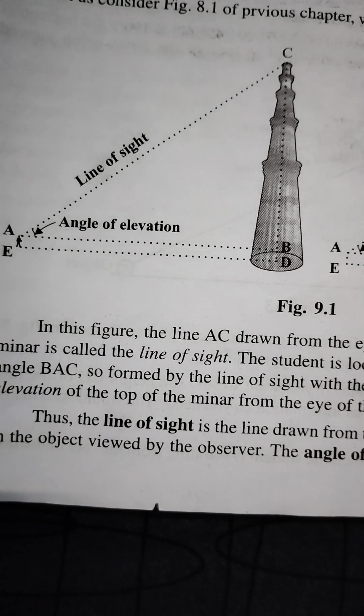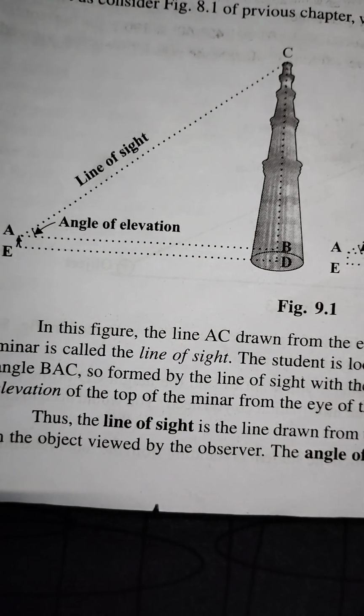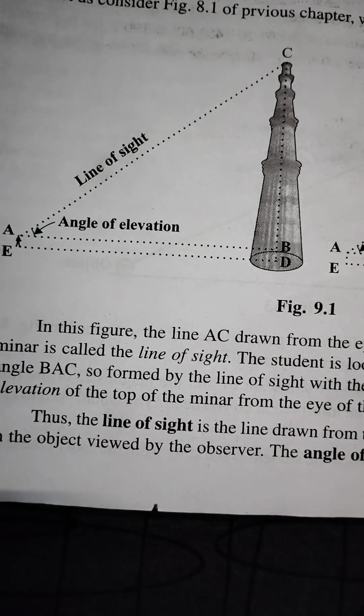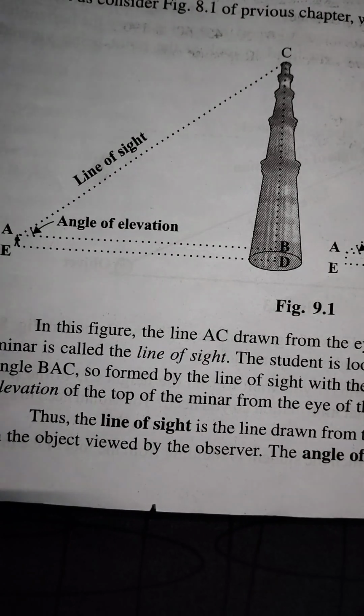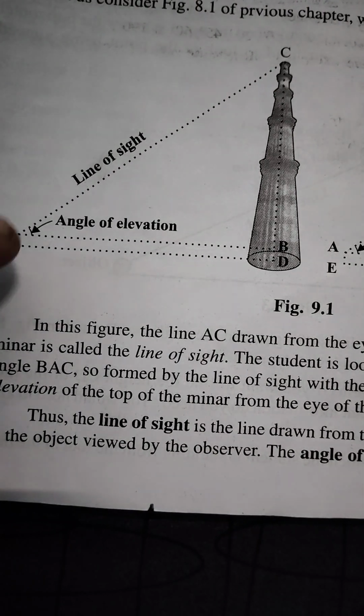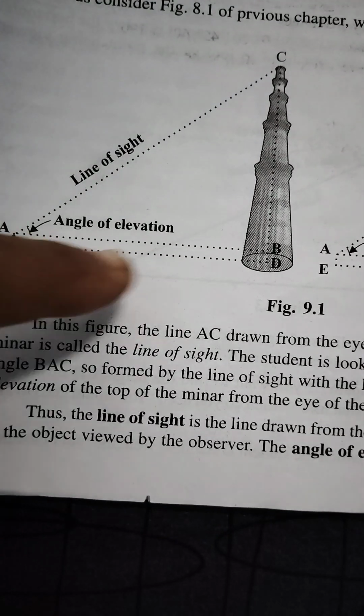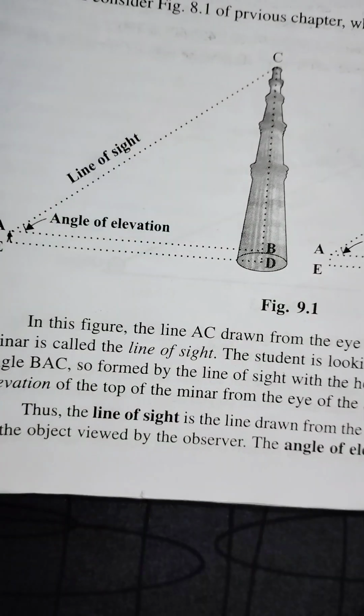The angle BAC, so formed by the line of sight with the horizontal, is called the angle of elevation. That is, the person is standing here and seeing the top of the minar, and this is the bottom of the tower.